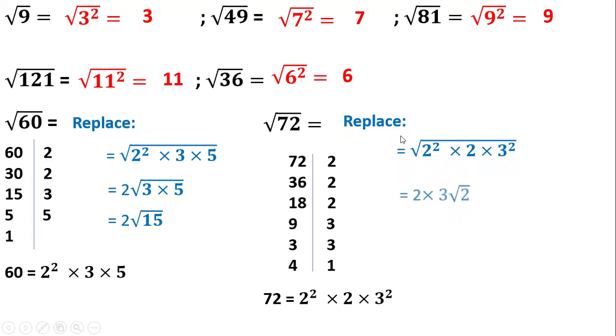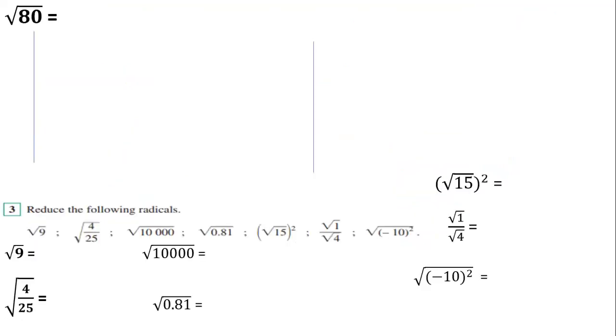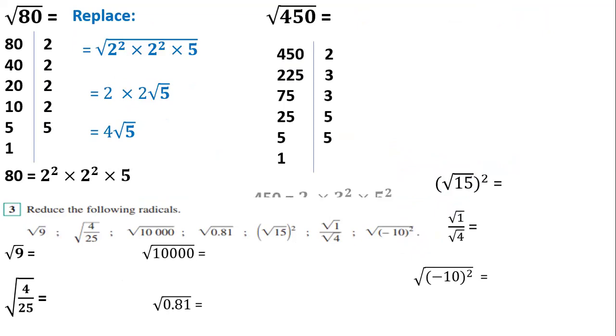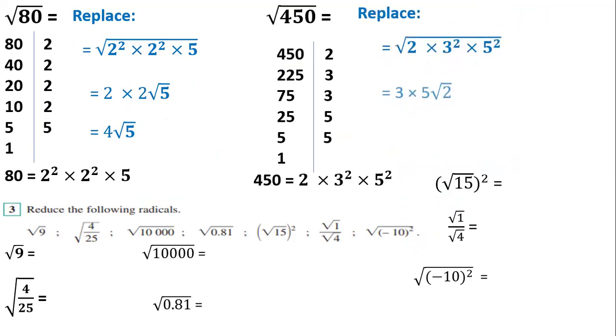So I should multiply them. I write 2 times 3 and I keep the radical 2. 2 times 3 is 6, so the answer is 6 radical 2. Of course, I still have radical 80. These are the prime factorizations of radical 80, and this is radical 450. It is solved for you.